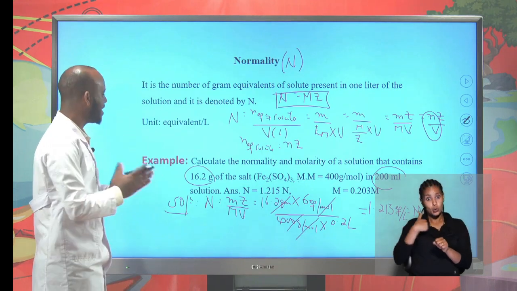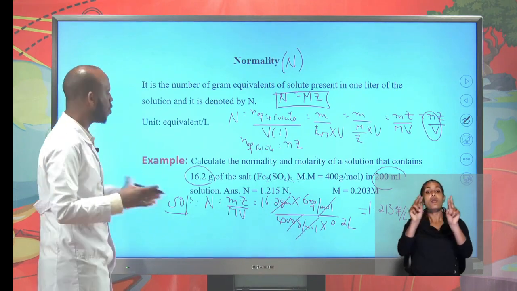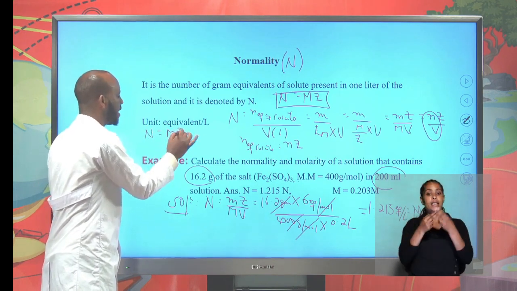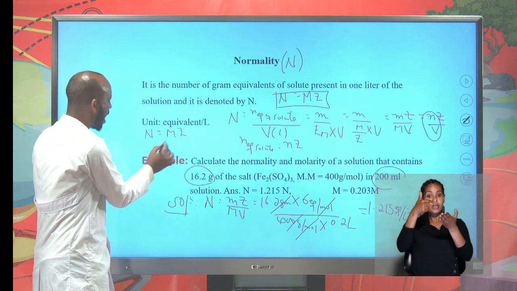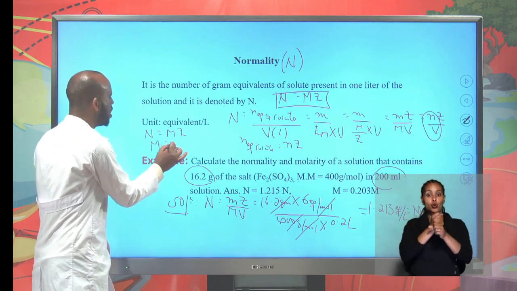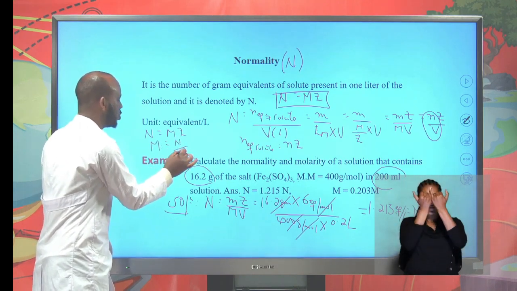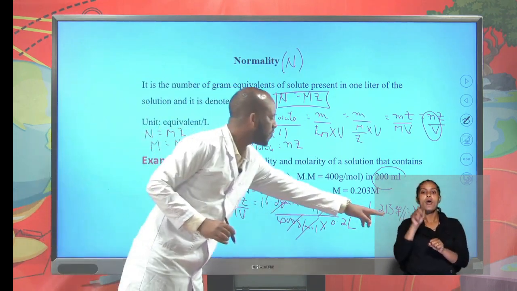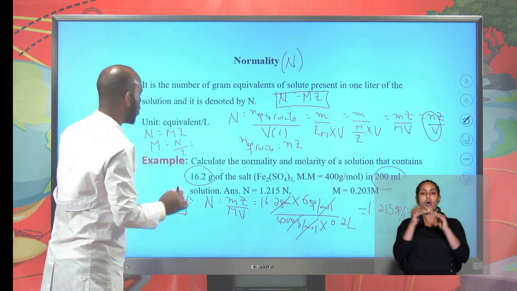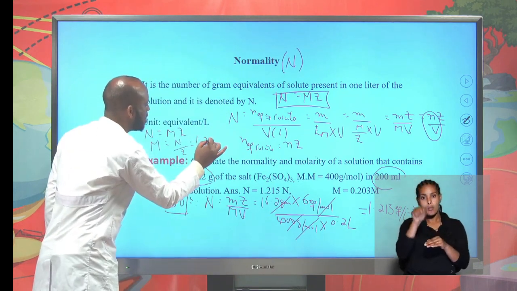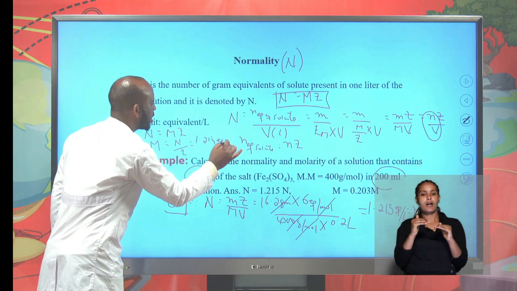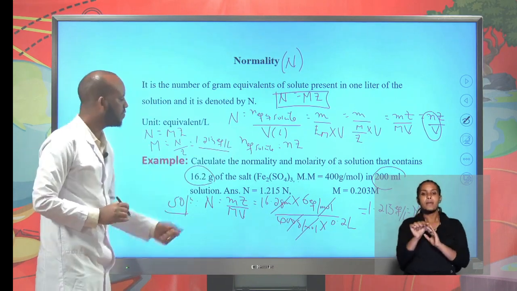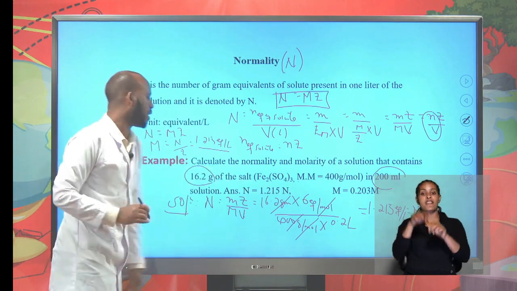As we said, the relation between normality and molarity is: normality equals molarity times Z. From this, molarity of the solution equals normality divided by Z. Normality of the solution is 1.215 equivalent per liter, divided by Z, the total positive valence, which is 6 equivalent per mole.